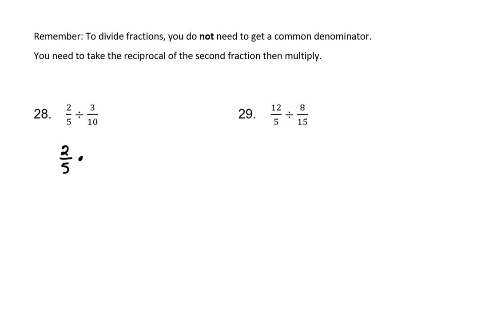We're going to change our division into multiplication. So now we have a problem like we had previously, where we're just multiplying two fractions. So I can cross cancel. 5 goes into 5 one time, it goes into 10 two times, and I can multiply these numbers straight across. 2 times 2 is 4, 1 times 3 is 3.